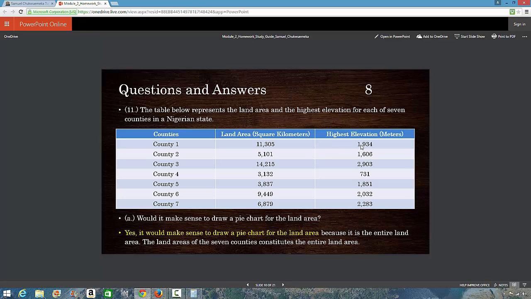This is just the highest elevation, which is like the peak, so it doesn't really represent the total. Because of that, it would not make sense to draw a pie chart for it.